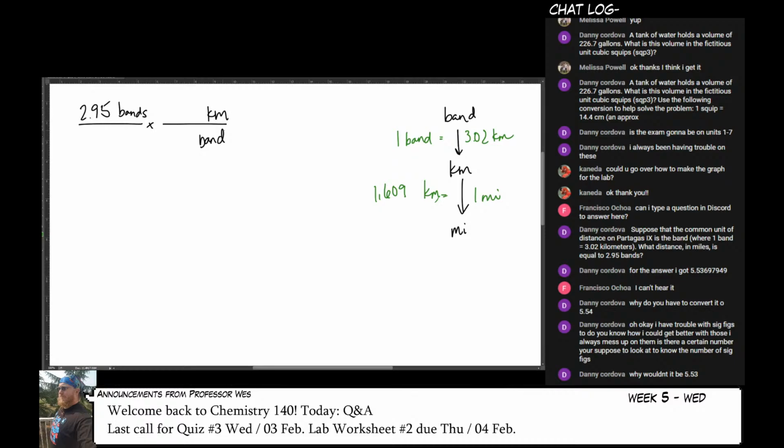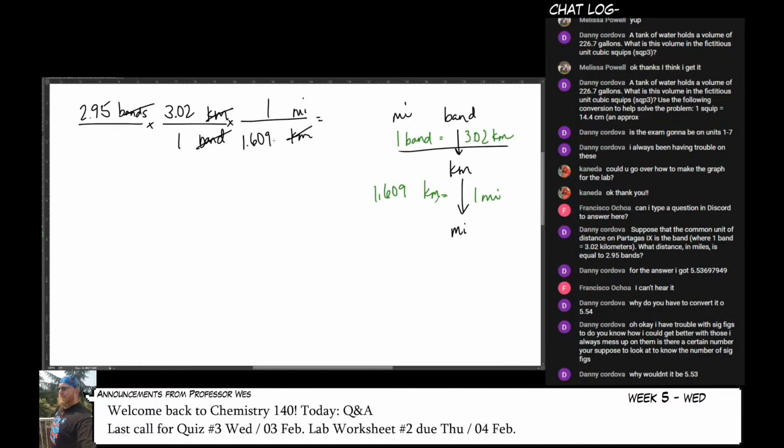So band to kilometer to mile. So one of these is 3.02 of those. That's what we got right there. And in a mile, there are 1.609 kilometers.